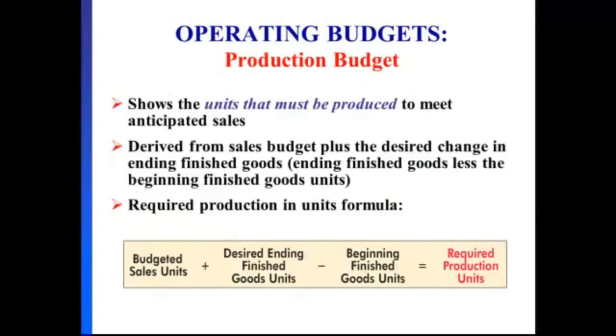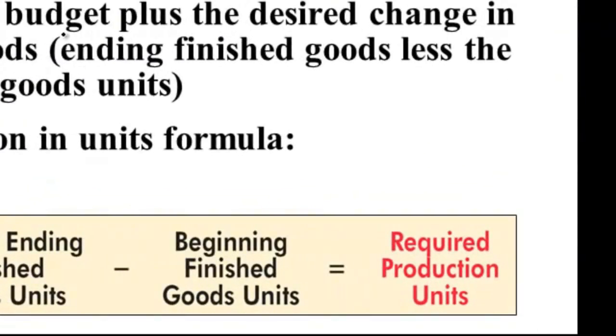Okay, now from there, the production budget. Now the production manager has to produce to meet the anticipated sales. But there's something in addition here. Not only does the production manager have to produce to meet the anticipated sales each quarter, but there will be a policy that management has put in place. Management would say that they want ending finished goods to be a certain percentage of next quarter's sales.